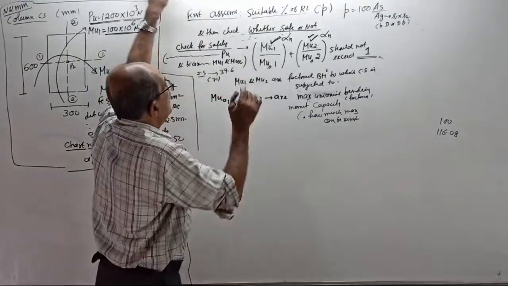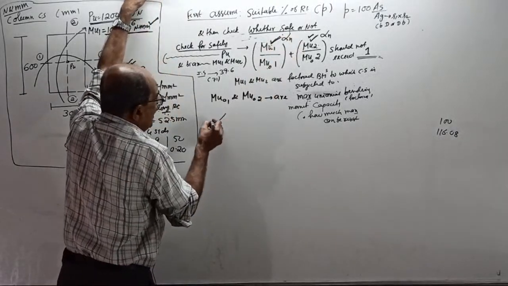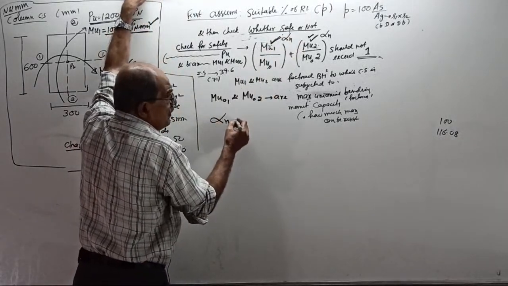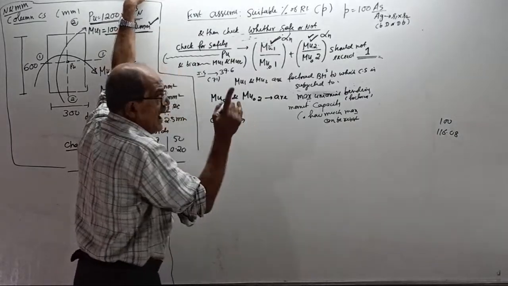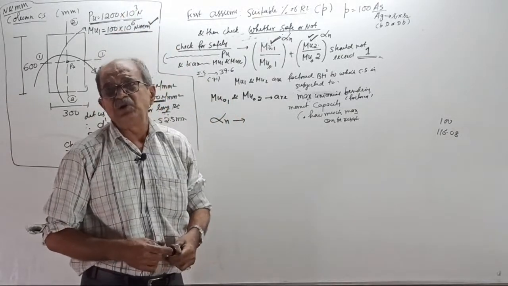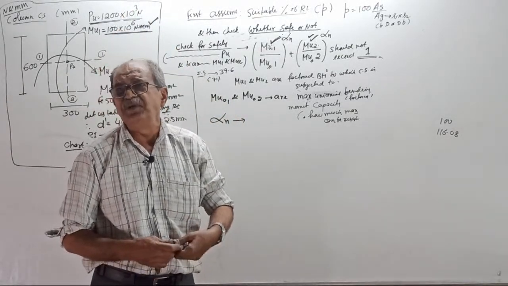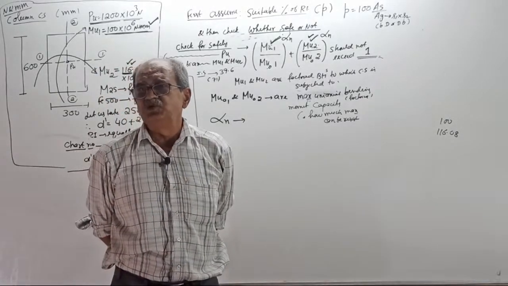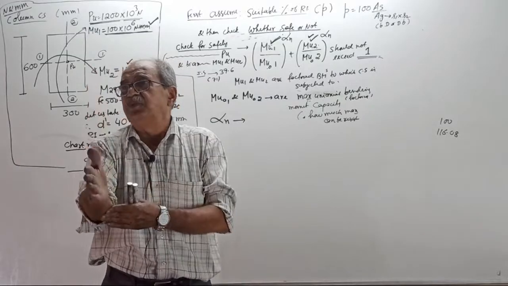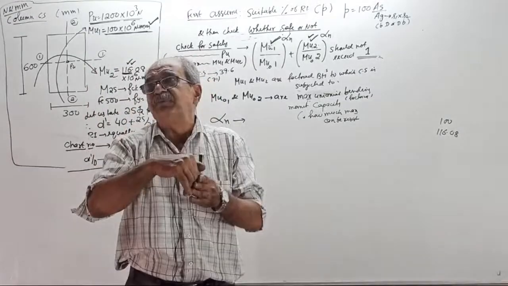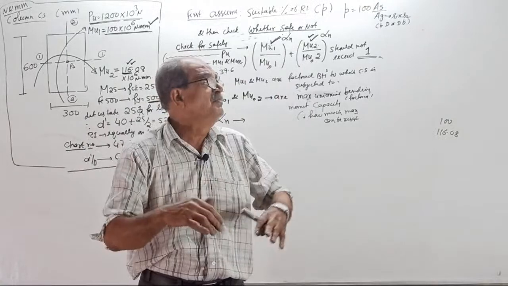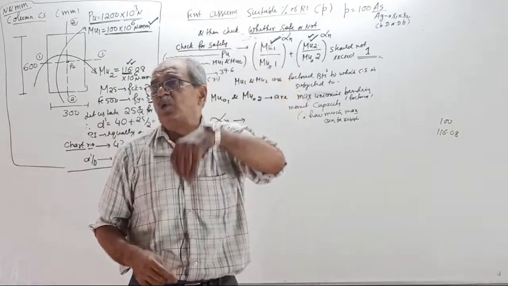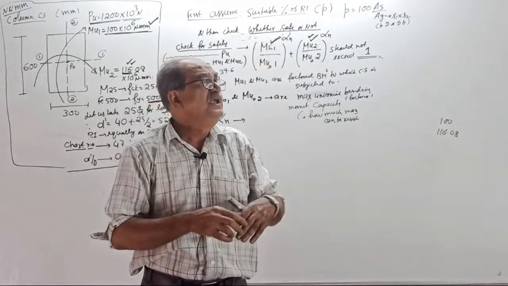Over. Now, what you require is alpha n. Alpha n is a factor. This I cannot talk about because it is beyond the scope of the subject. If I talk about alpha n, I will tell so many things about neutral axis position, how the axial load affects it, how the neutral axis will come, and how direct load and BM combination affect the variation.